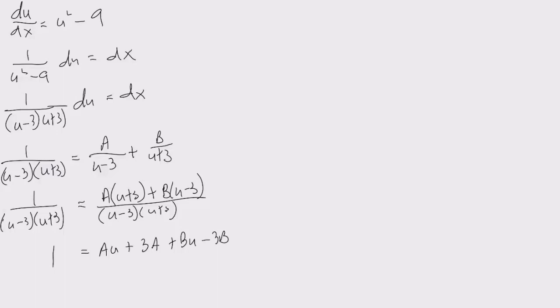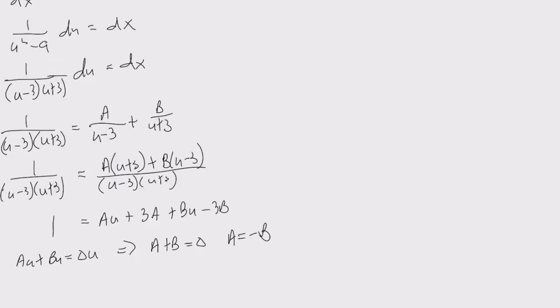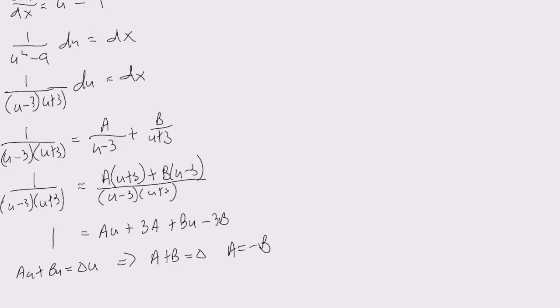So what do I know? Well, I don't have any u expression on the left side, so that says the Au plus the Bu has to be equivalent to 0u, or more specifically, A plus B has to equal 0, so that means A is equal to negative B. Okay. The other side, the 3A minus 3B, so that says 1 equals 3A minus 3B.